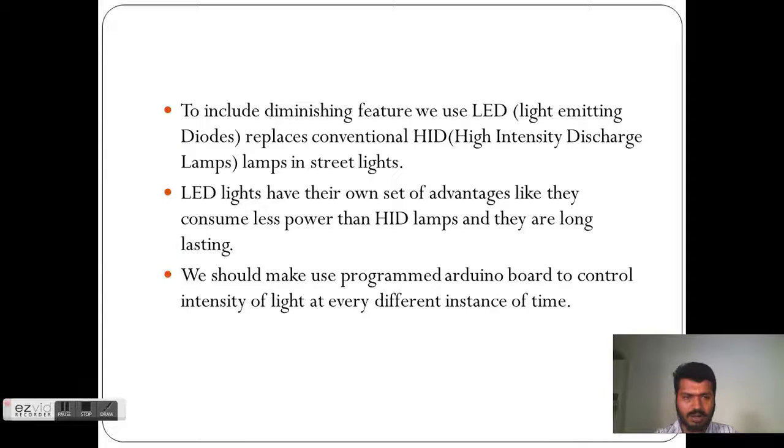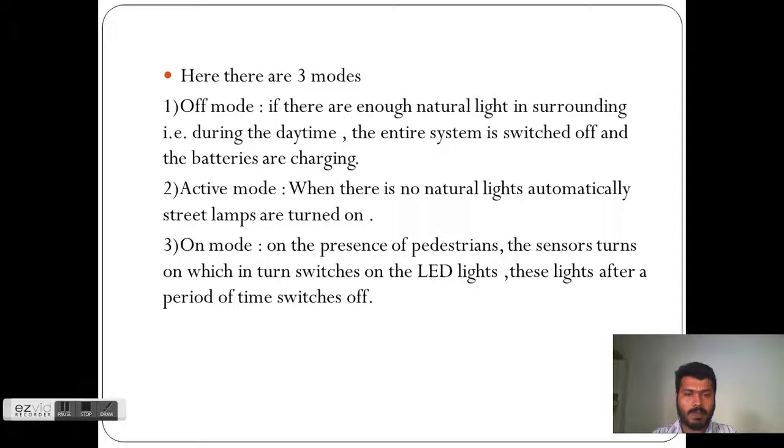That is, they are longer lasting than HID. And the programmed Arduino board controls the intensity of the light at different instances of time, as it has been said that it is going to diminish and brighten according to the necessary requirements or environment.